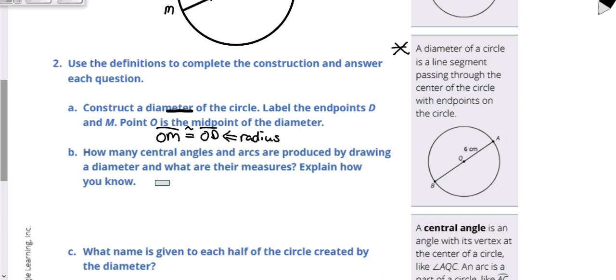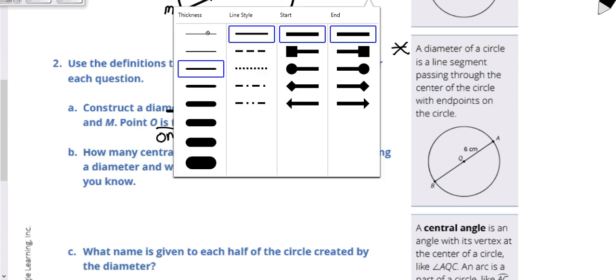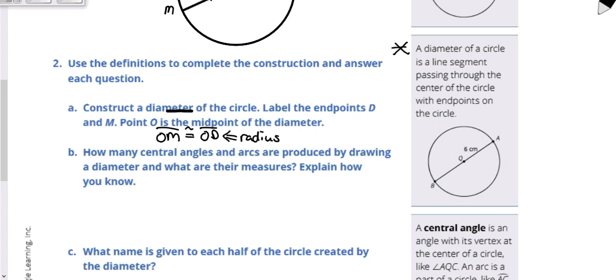So the measure of angle MOD is 180 degrees, as well as the measure of angle DOM is 180 degrees, otherwise known as a straight angle or a linear angle.